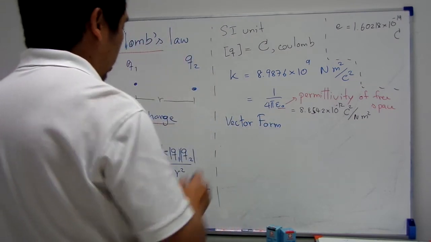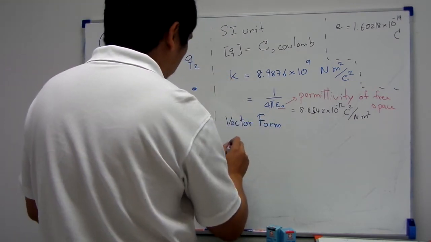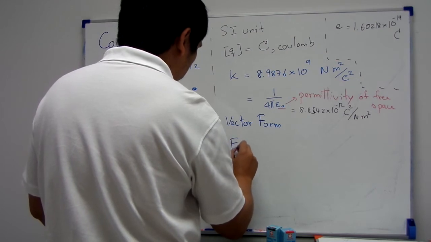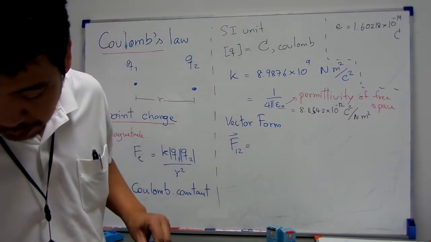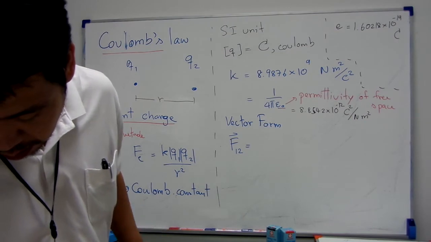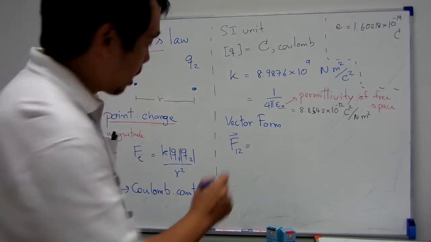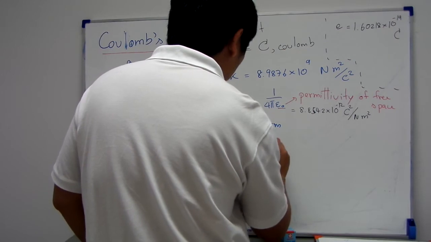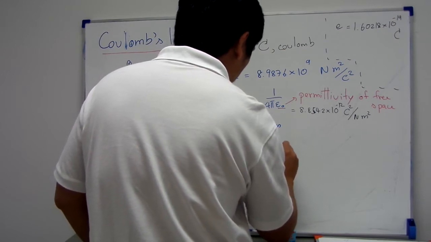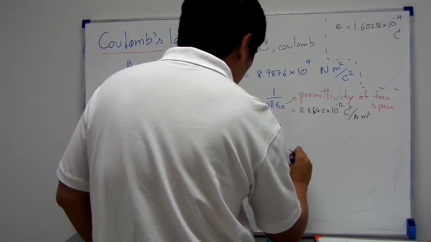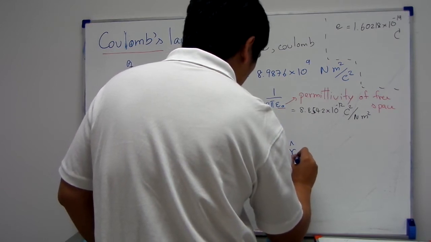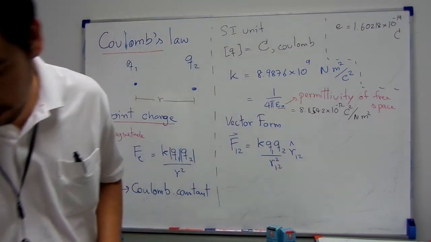Okay, we can write this as F12 is equal to k Q1 Q2 over R12 squared times the unit vector R12.